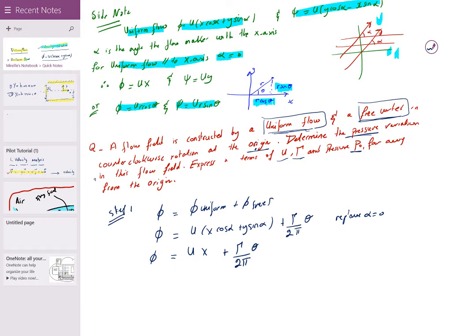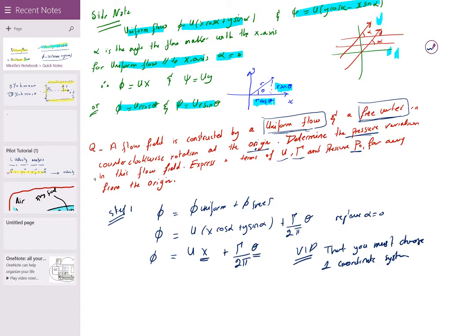Now, I have this relation. It is very important that you must choose one coordinate system. So I cannot work with x and theta. I'm going to have to work with either x and y or r and theta.